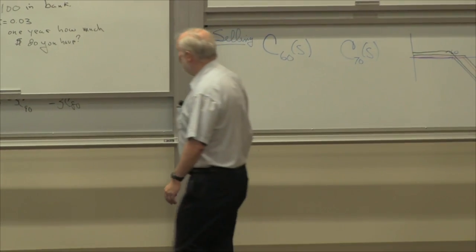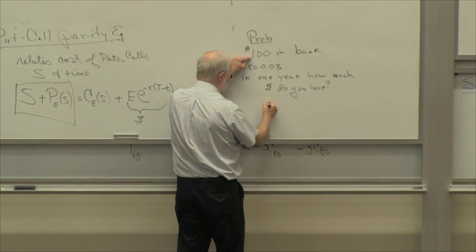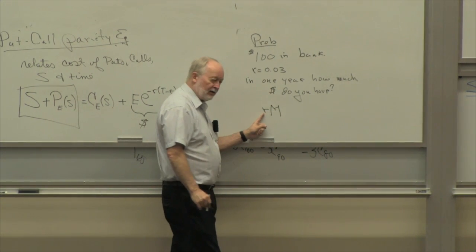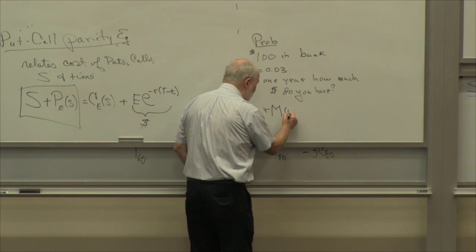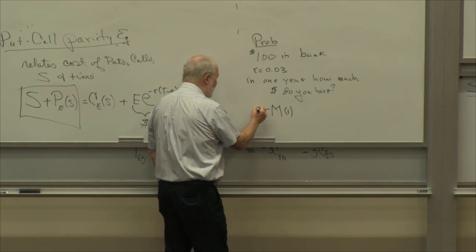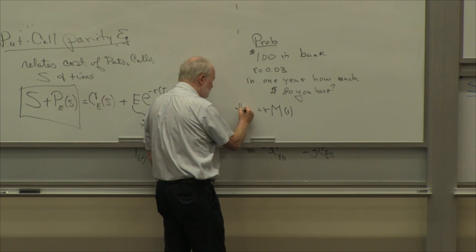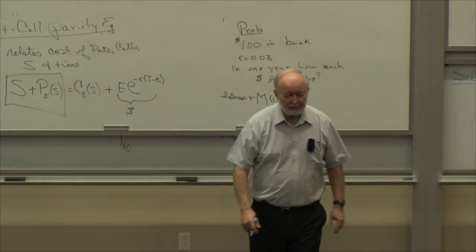And you know what that is. You take the amount of money, you multiply times the interest rate, multiply by time, which is 1 year, and this is equal to your new money. That's what you get.